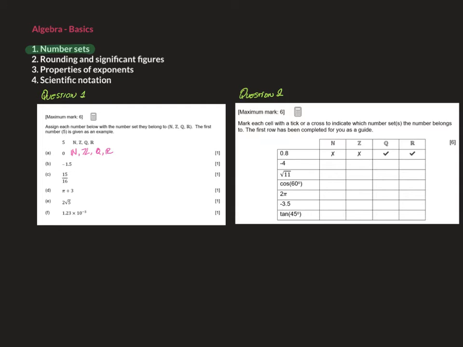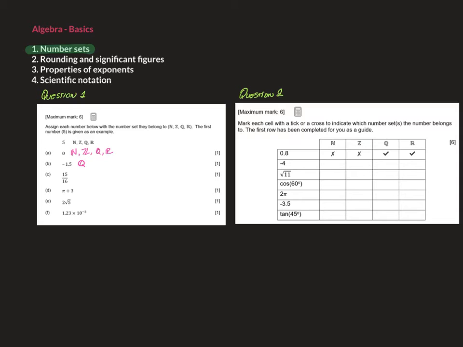Then B is minus 1.5. Minus 1.5 is not a natural number. We don't count with it, so it's not natural. It's not an integer because it has a decimal part, but it is a rational number because I can write it as a fraction. So this is going to be rational.